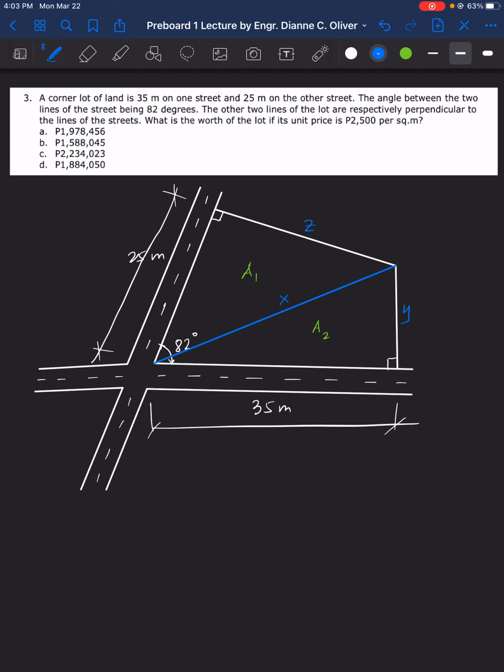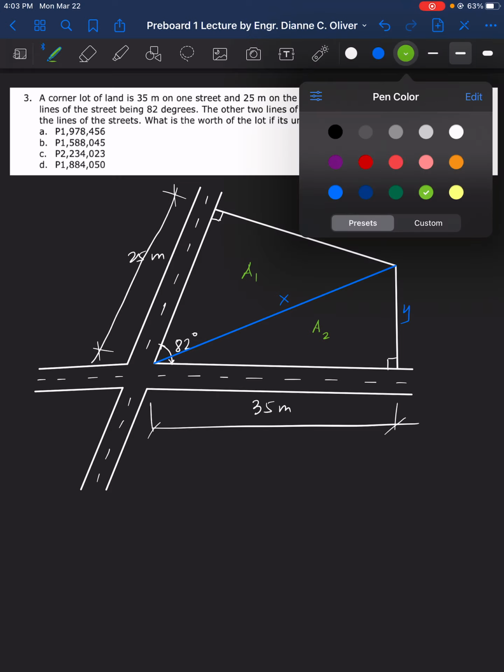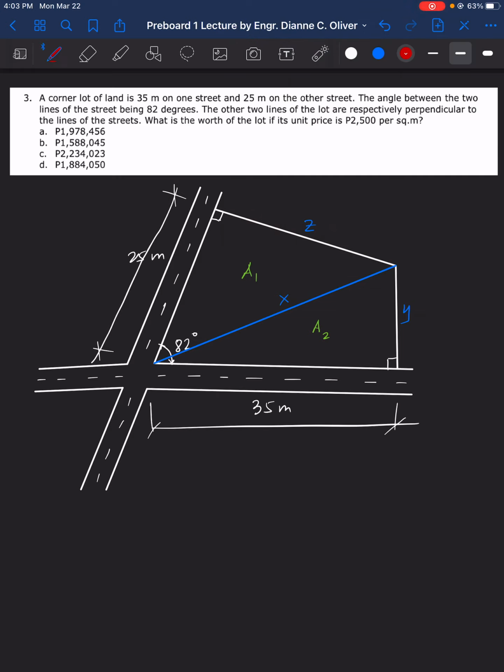So here we can find the value for x. Let's equate them. Let's put here the angles, 82.